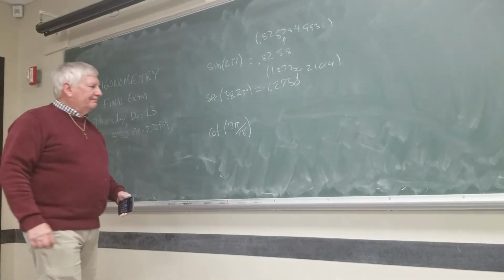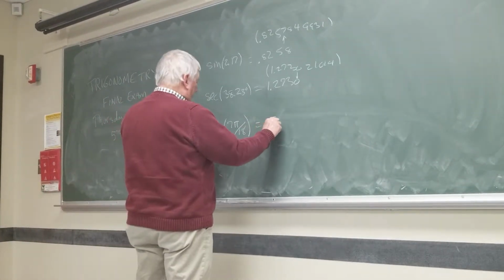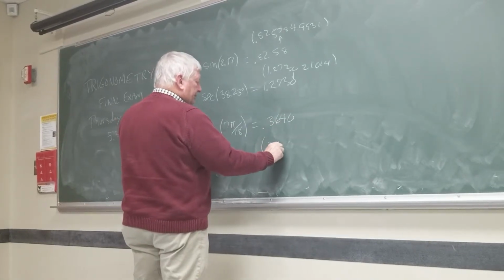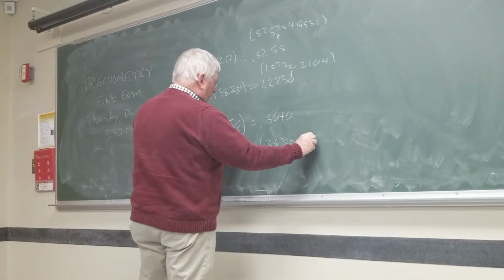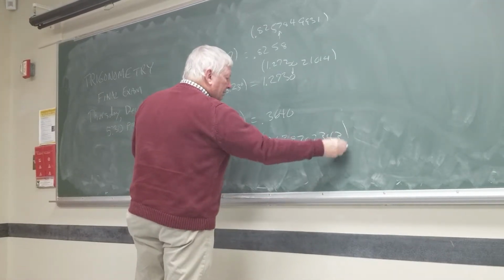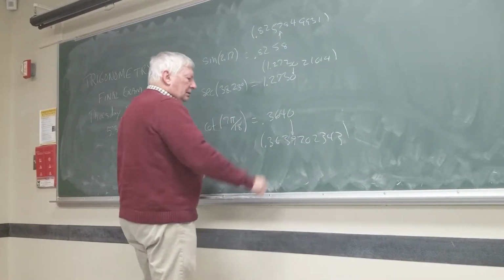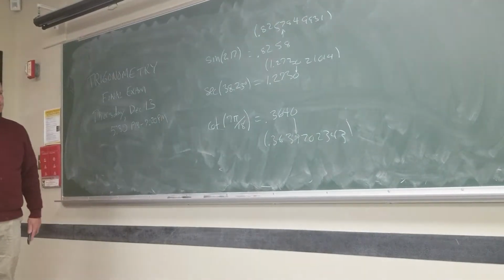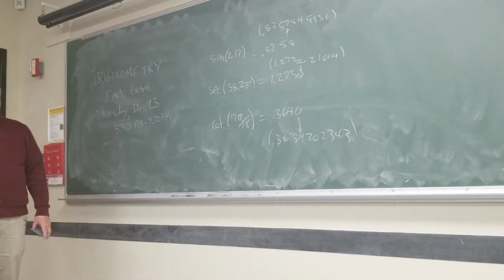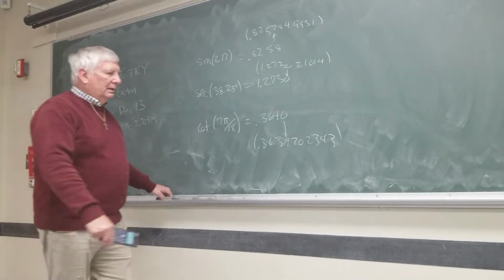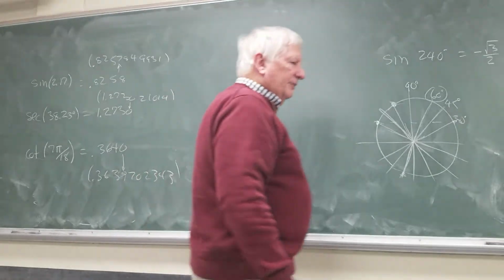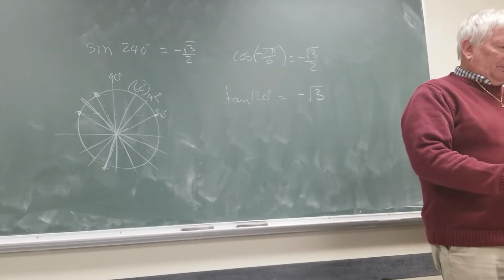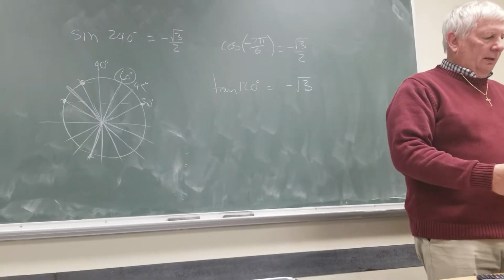And this is 0.3639702343. Once again, to the nearest 10,000th makes that 0.3640. So, if you haven't already, you do need to remind yourself on how to use your calculator.